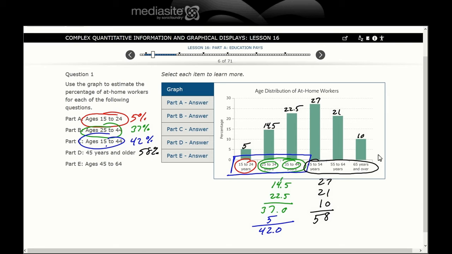And then 45 to 64, which are these two numbers, which is 48.